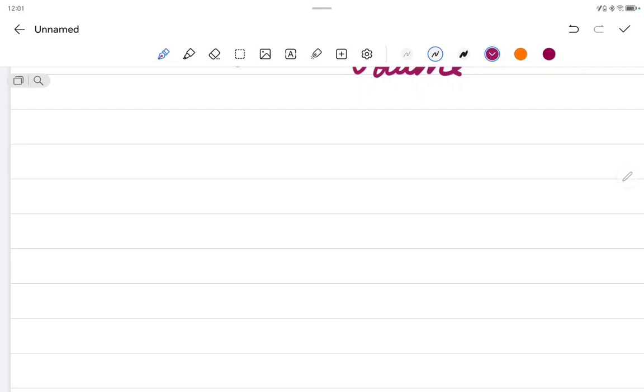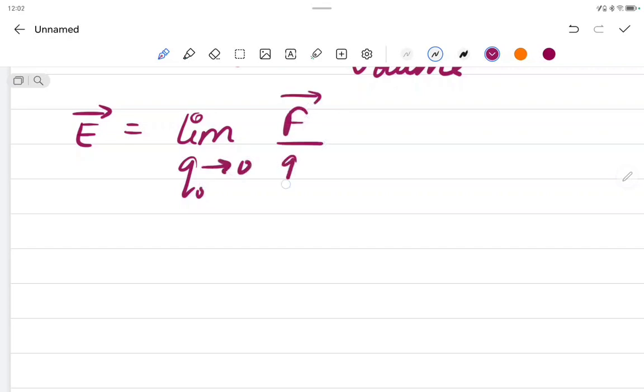Now we're going to talk about the electric field intensity, which we denote by E. It is the electric field intensity at a point due to a source charge, that is, the force experienced per unit positive test charge placed at that point, without disturbing the source charge.